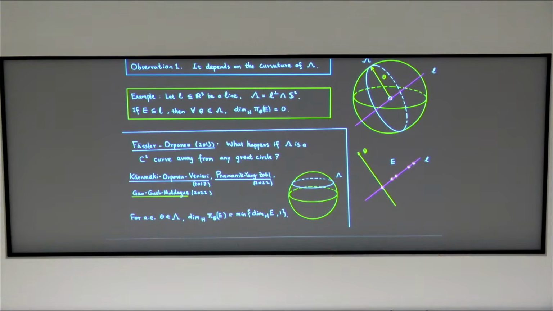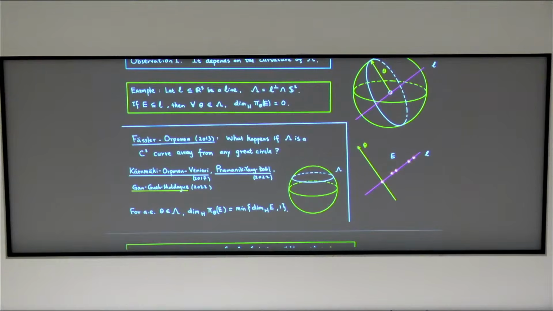It turns out that for lambda away from any great circle, the Hausdorff dimension of the projection image equals the minimum of the Hausdorff dimension of E and 1. So this is like the Marstrand type theorem. It preserves the dimension, or attains the maximal dimension.